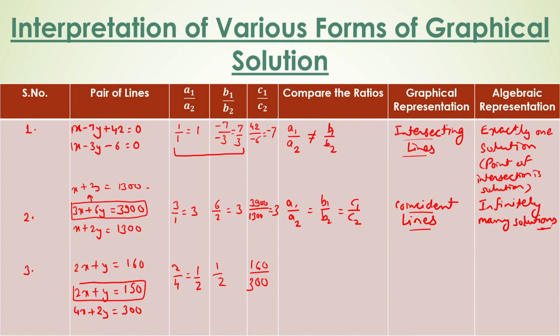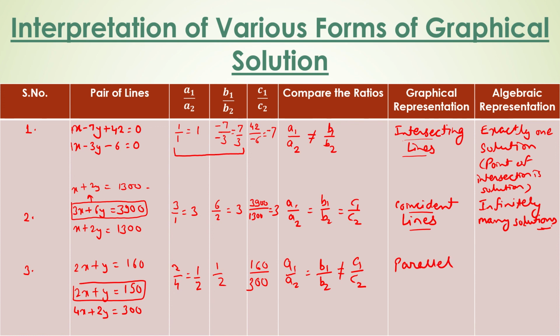So here we have observed that a1 upon a2 equals b1 by b2, but these two values are not equal to c1 by c2, and we graphically observed that the lines were parallel to each other.